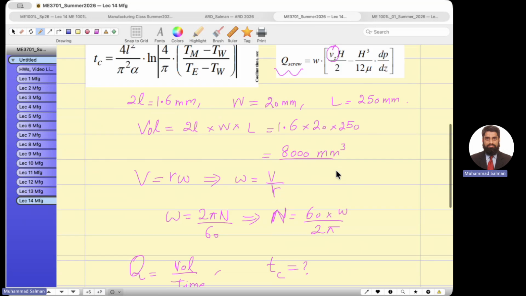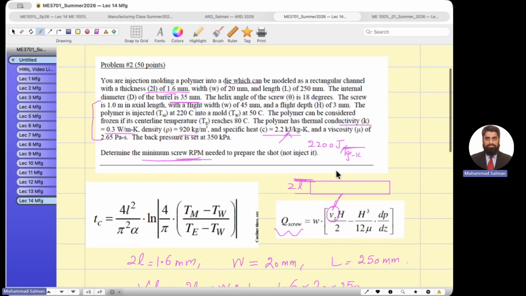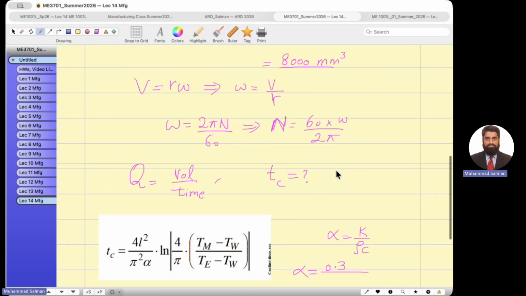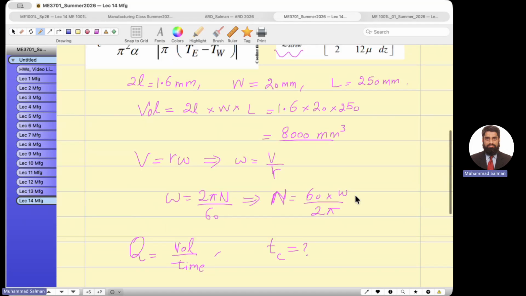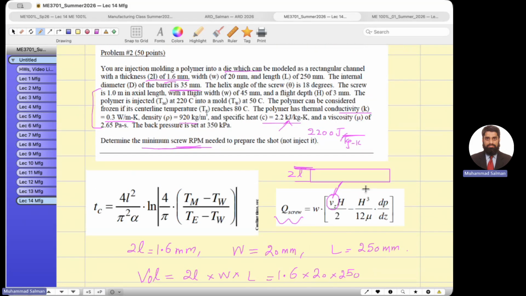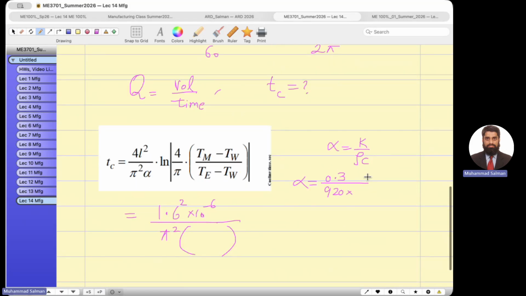The density of this plastic is 920, and specific heat capacity is 2.2 kilojoules, so convert it into joules per kilogram per Kelvin. Now you will plug it in over here. What do you guys get for alpha?